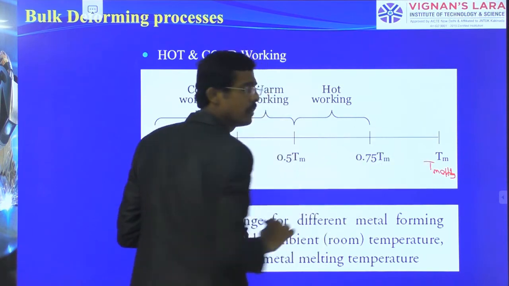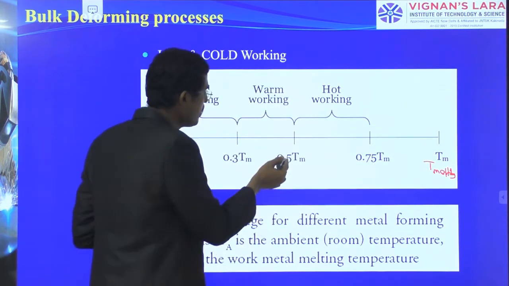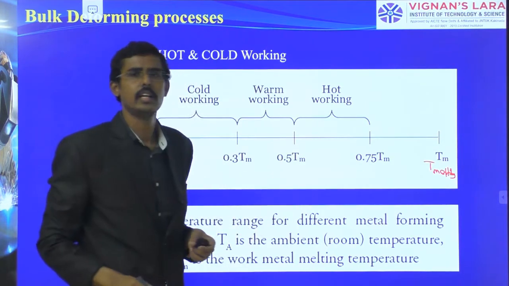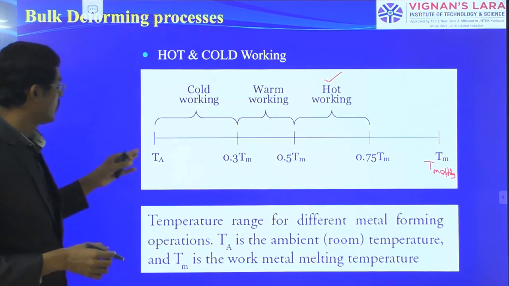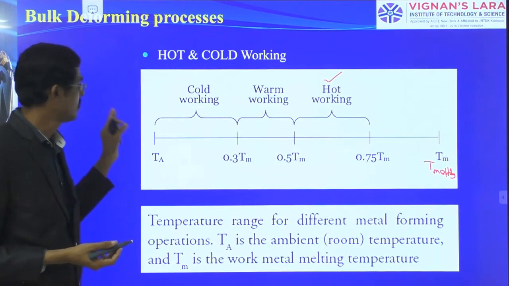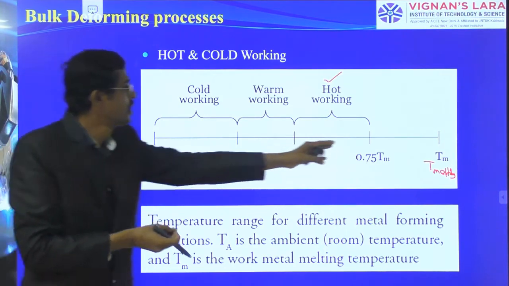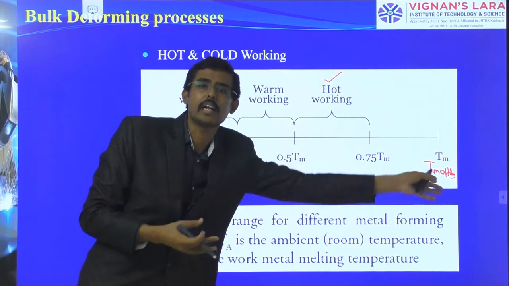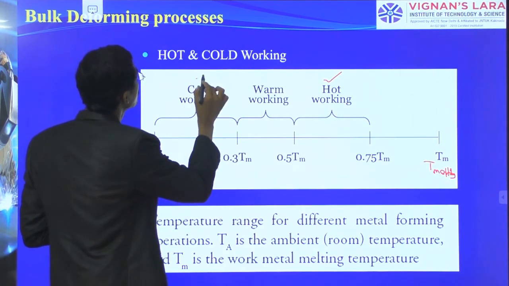From the melting temperature, 0.75 Tm is the upper limit, and from 0.5 to 0.75 Tm I am mentioning this as the hot working condition. Here it is ambient temperature, and from ambient temperature to 0.3 times the melting temperature of the metal, I am considering this as the cold working condition.